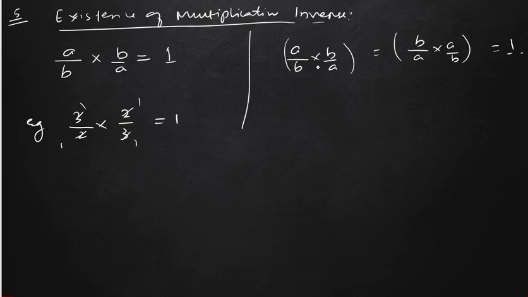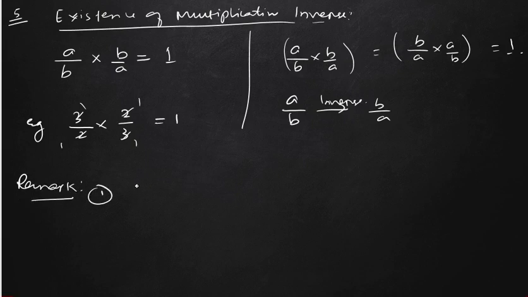So the inverse of a by b will be b by a. One remark is important: 0 has no reciprocal.